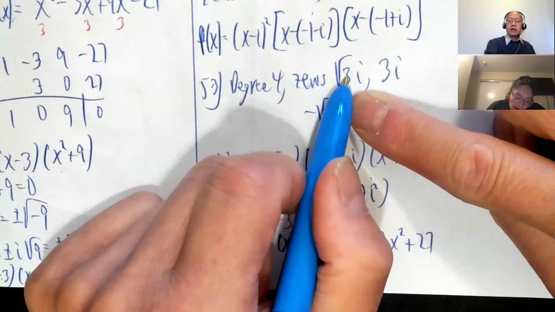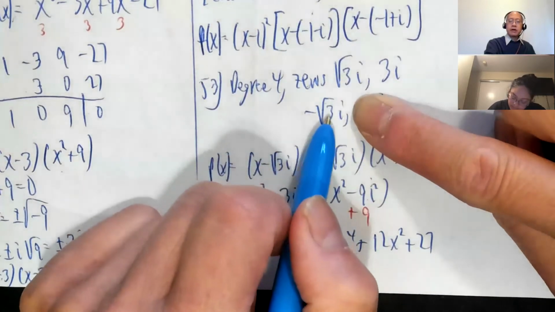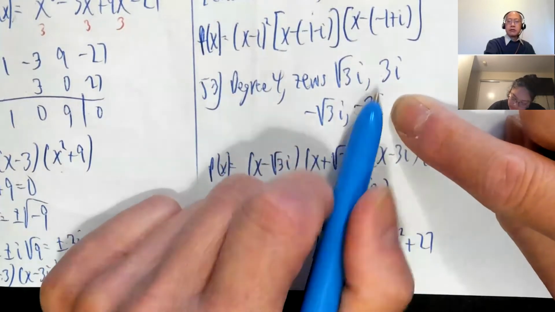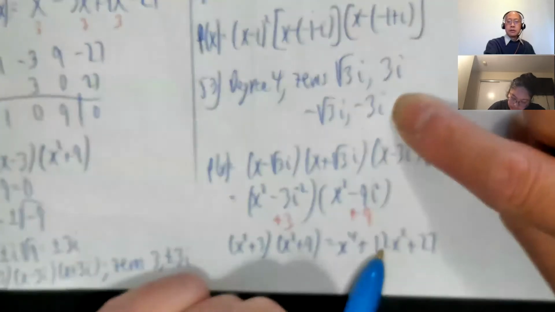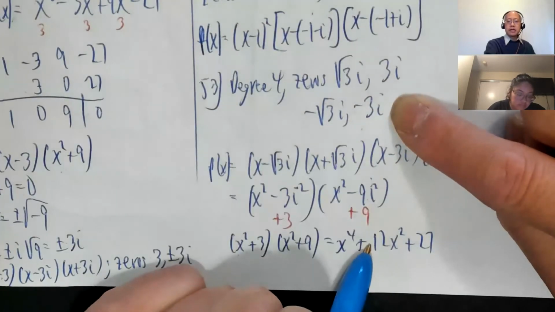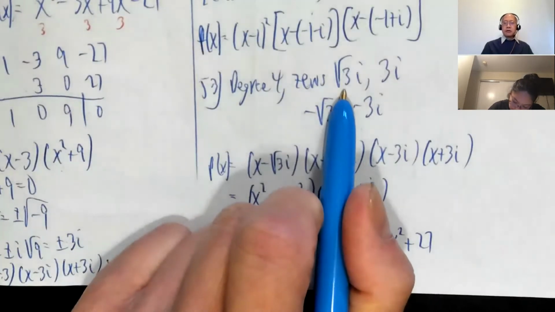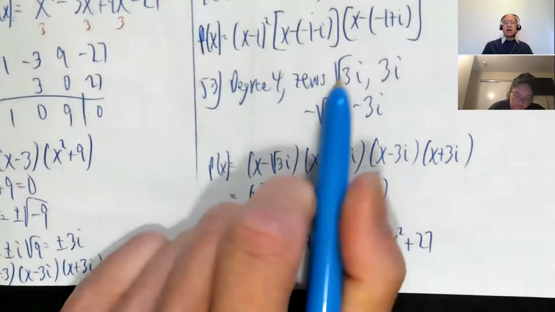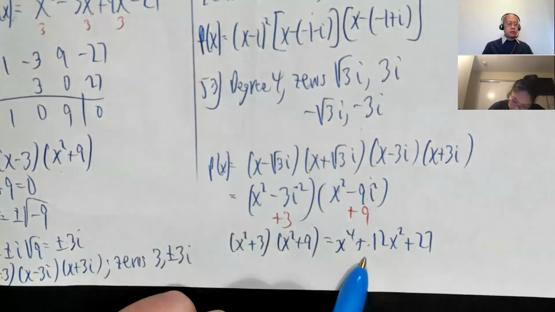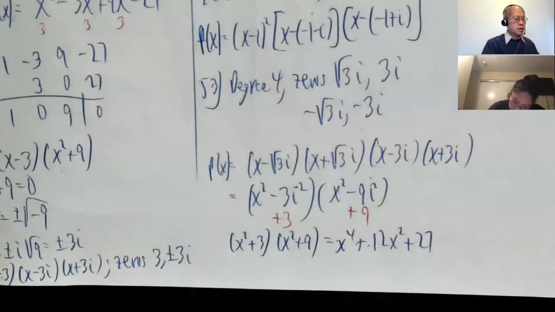If radical 3i is a solution, negative radical 3i is a solution, and likewise 3i and negative 3i. So we're building a polynomial, as opposed to starting with the polynomial and coming up with the zeros and the factors. Now we start with the zeros and come up with the original polynomial. So that's how that one works.